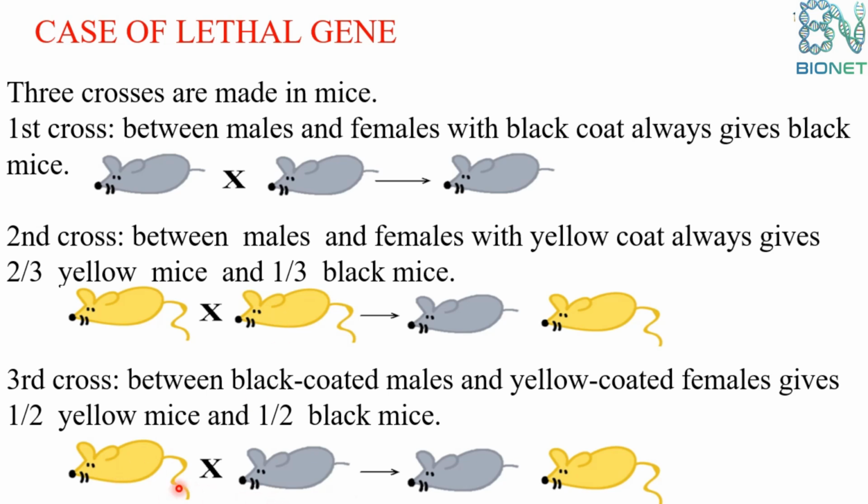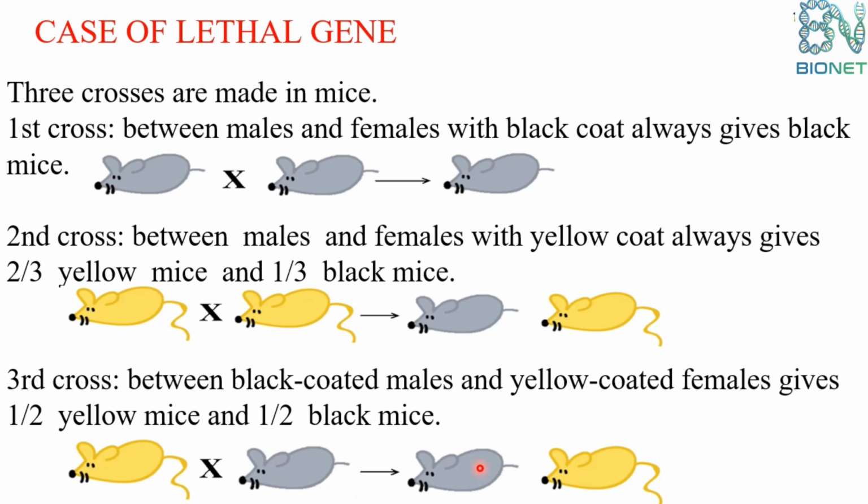Here in the third cross, we have a cross between a yellow and a black mouse. If we are asked to determine the dominant and the recessive allele from the results of this third cross, we cannot do it, because the descendants are divided into two groups, half having the black color and half having the yellow color.